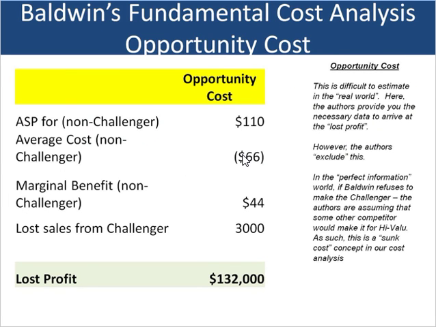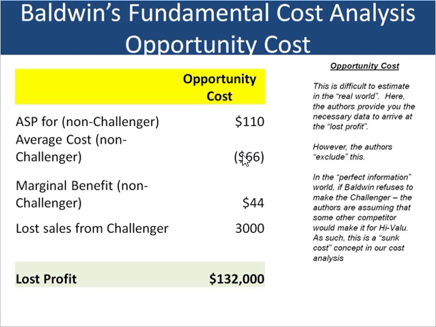The opportunity cost is a difficult one to assess. The authors have actually chosen to exclude this, and what this is really trying to do is to say, by manufacturing for high value, are you losing out in terms of existing sales channels? The average price for non-challenger is $110. The average cost again for non-challengers is $66.